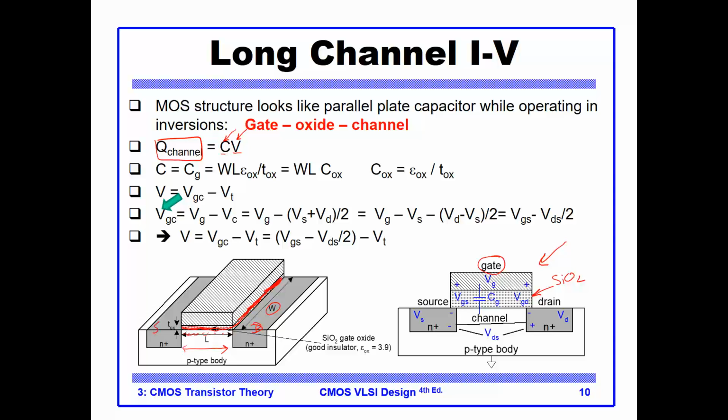The capacitance of the gate here can be estimated simply by, if we look from physics, we said that if you have a parallel plate, then the capacitance here is the area divided by the distance and the relative permittivity of the material, the isolating material. This is a parallel plate model.